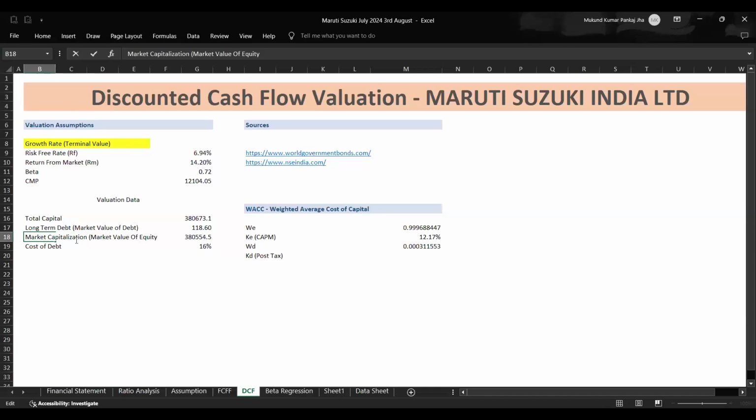Out of the total capital that the company has, what percentage is contributed by equity? 99% of the capital is contributed by equity. This is what it shows. The formula for KE is RF plus (RM minus RF) into beta. This is weight of debt, a very small portion of debt. Cost of debt is 16%.